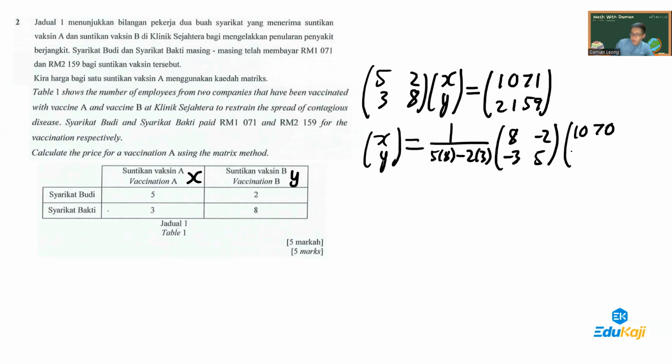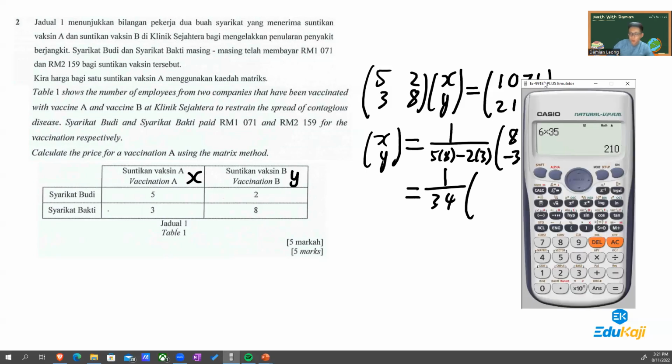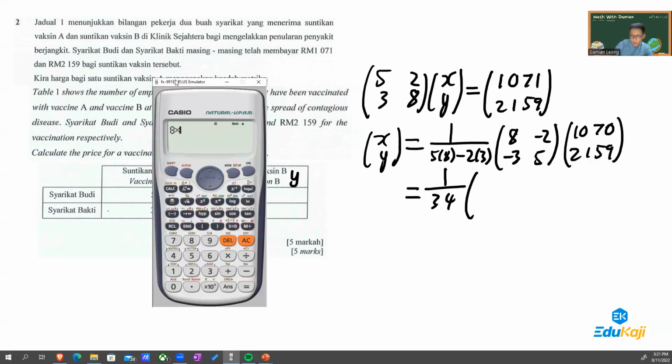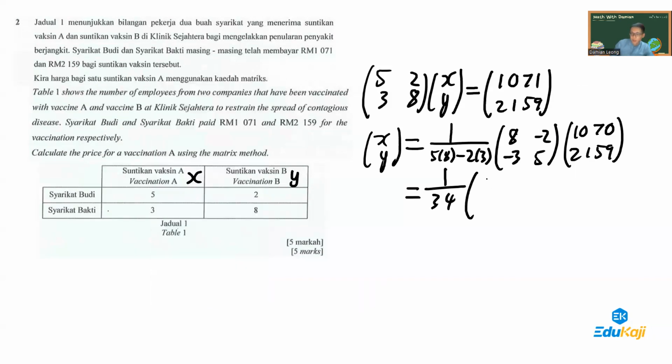Then here 1071 and 2159. So this is 1 over 5 times 8, 40, minus 2 times 3, 6. 40 minus 6, 34. Then I multiply these two matrices together. So take 8 times 1070, 8560.